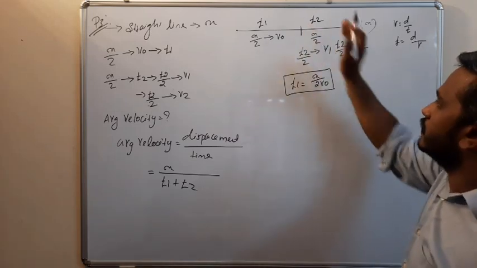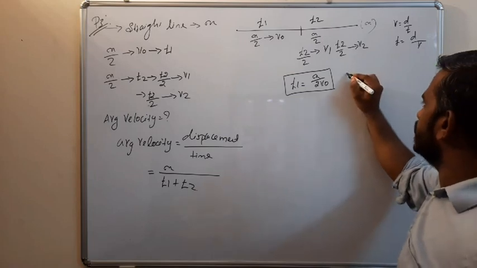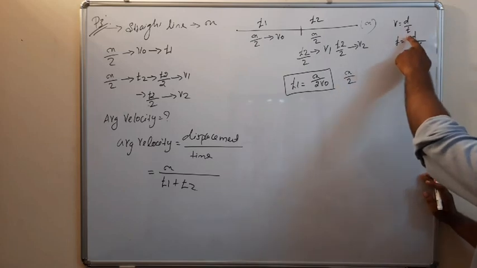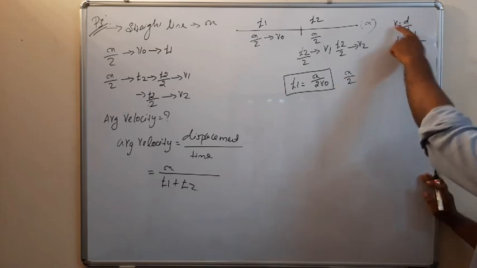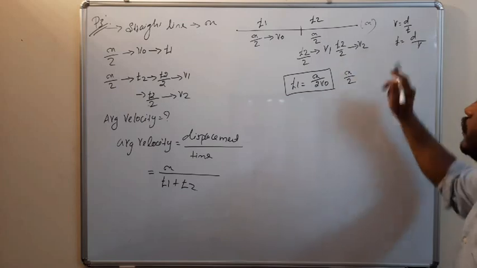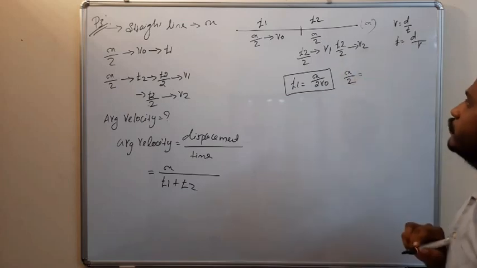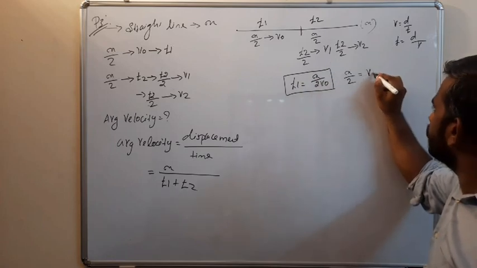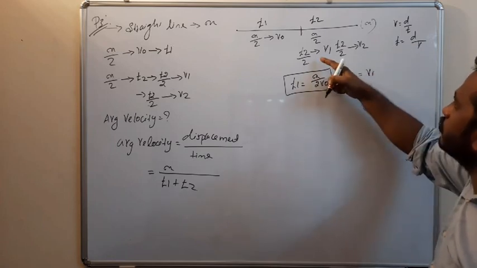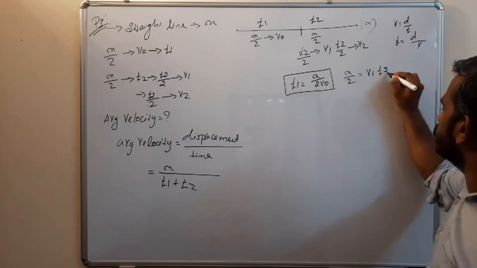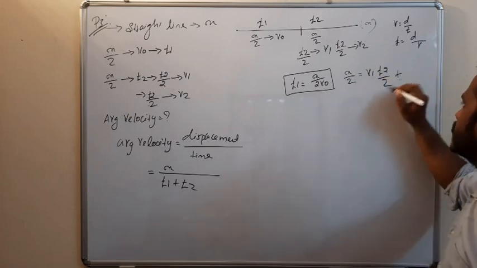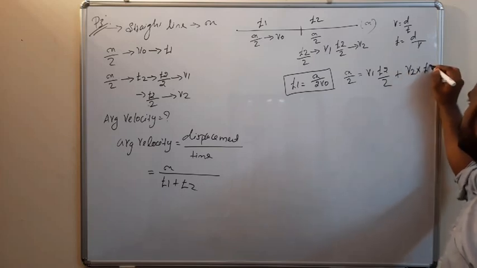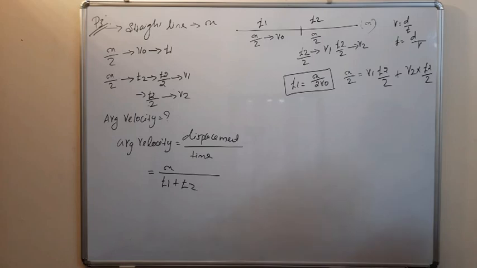In this part, the distance x by 2: displacement is equal to velocity into time. So x by 2 is equal to v1 into t2 by 2 plus v2 into t2 by 2.